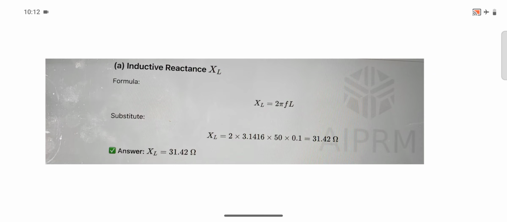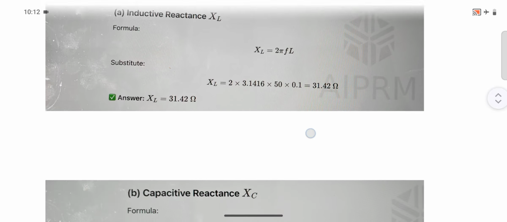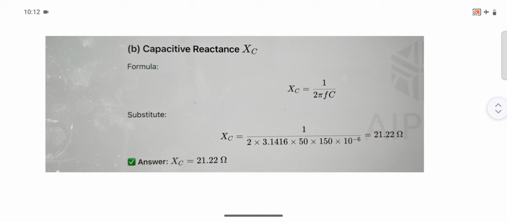So when we put in these values, we will get inductive reactance XL equal to 31.42 ohm.